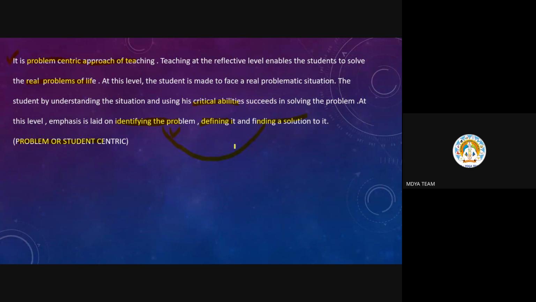In the second one, understanding level of teaching, the learner is not finding any solution to anything. They just try to learn the things and implement the things. Here the scenario is different. Okay, any doubt? No, ma'am.